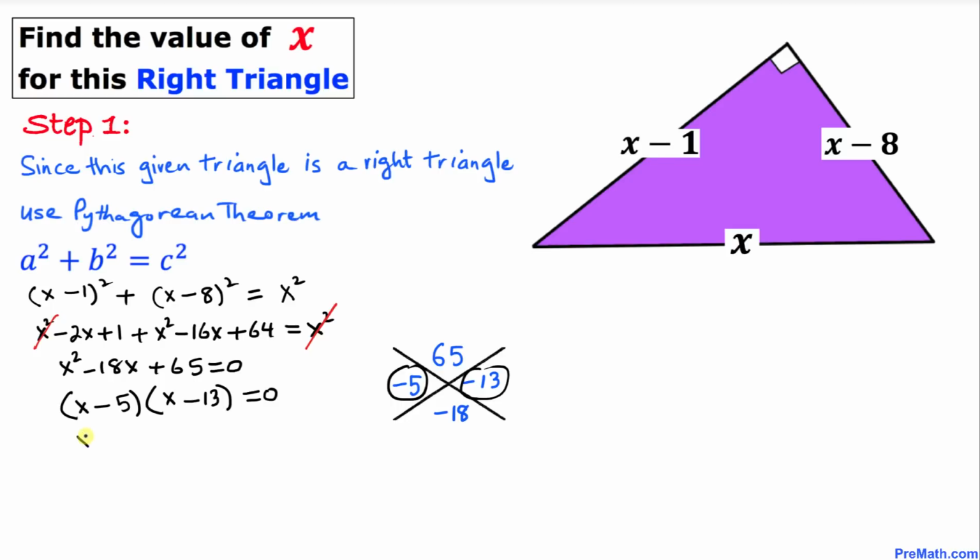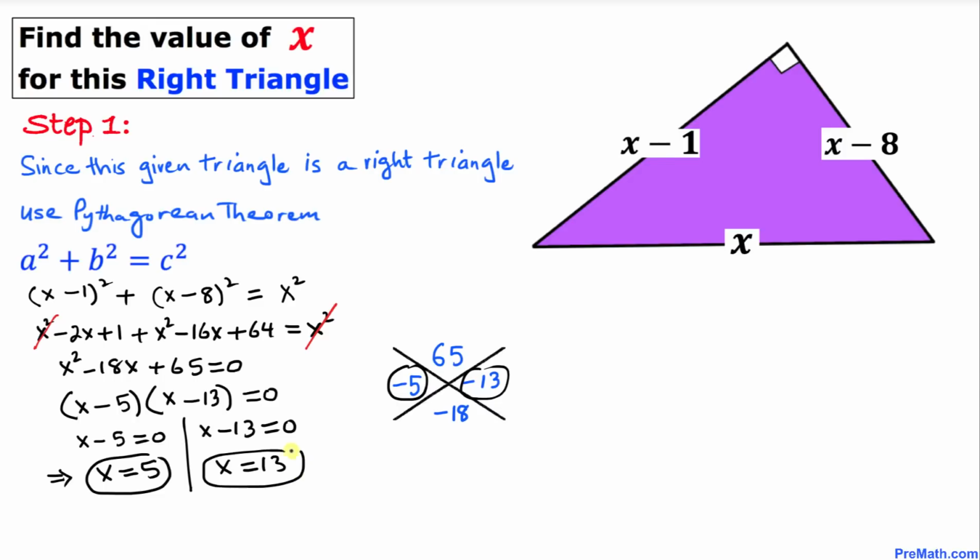I can write x minus 5 equal to 0, and the other one is x minus 13 equal to 0. That means our x value turns out to be either 5 or positive 13.